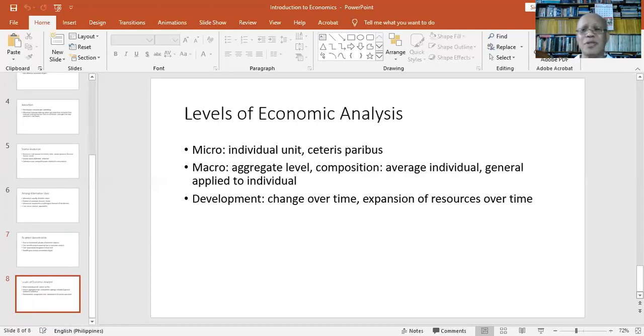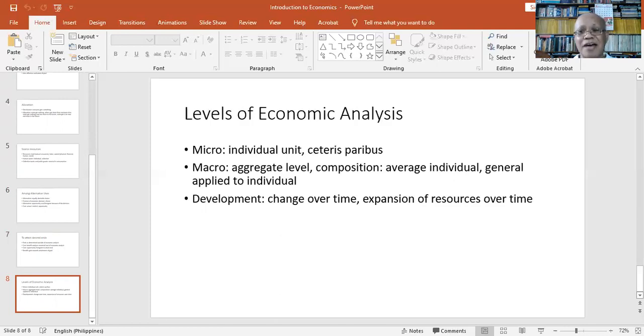Now, when one does economic analysis, there are three general levels to that. There's microeconomic analysis, which is the economic behavior of the average individual unit. So in microeconomics, one studies, for example, the average household. And the average household is a consumer and also a supplier of labor.